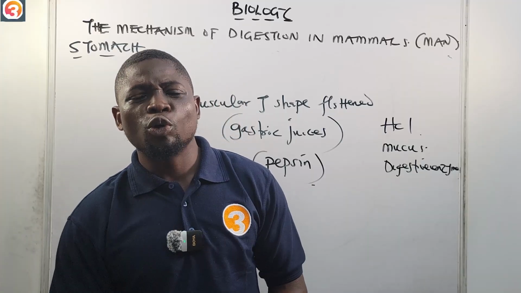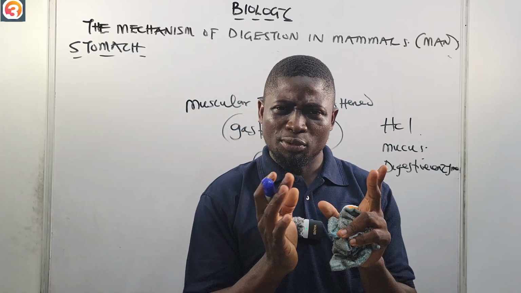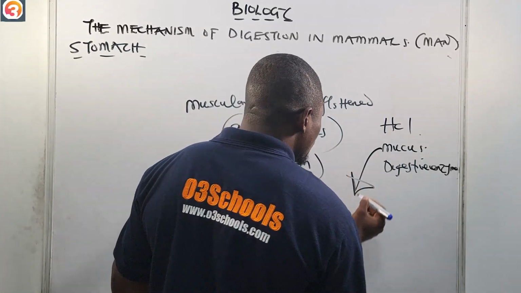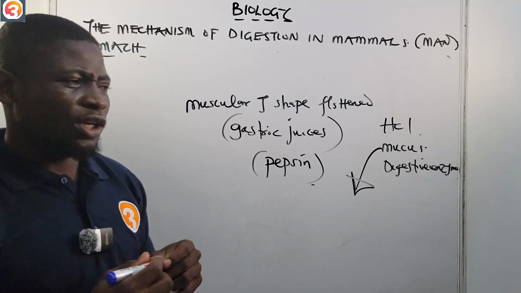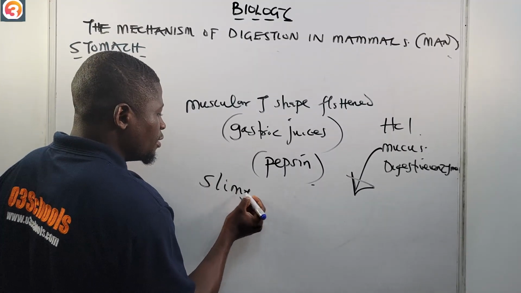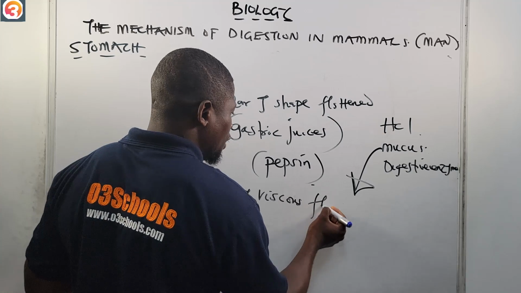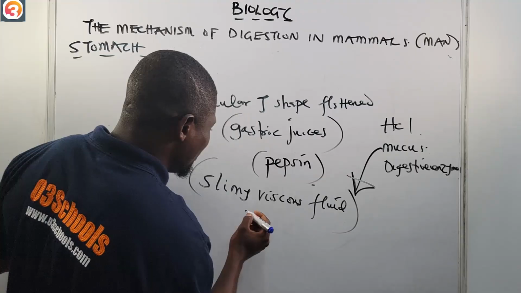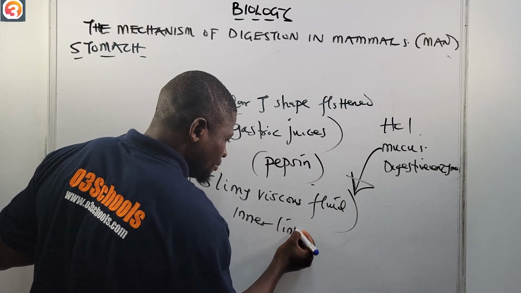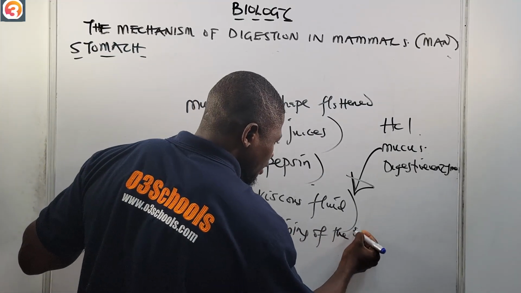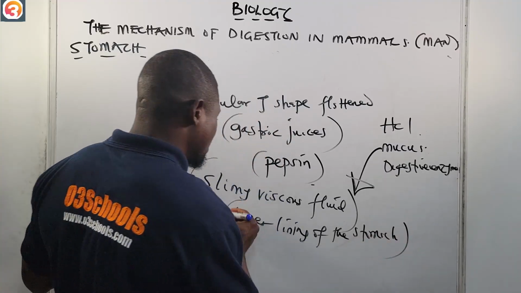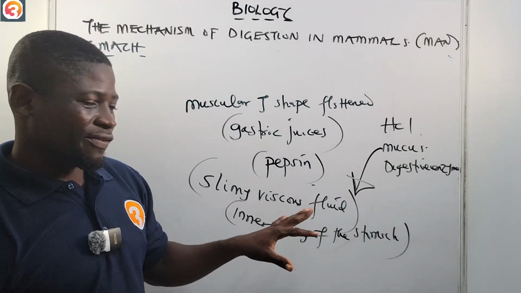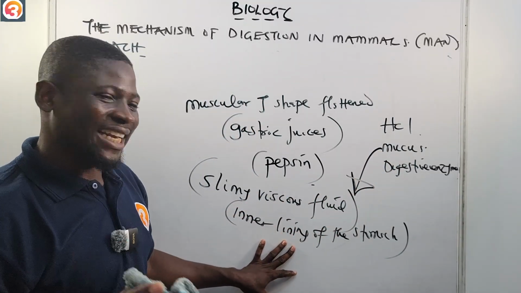That is why the stomach also protects itself by producing mucus. This mucus is a slimy, viscous fluid that protects the inner lining of the stomach.